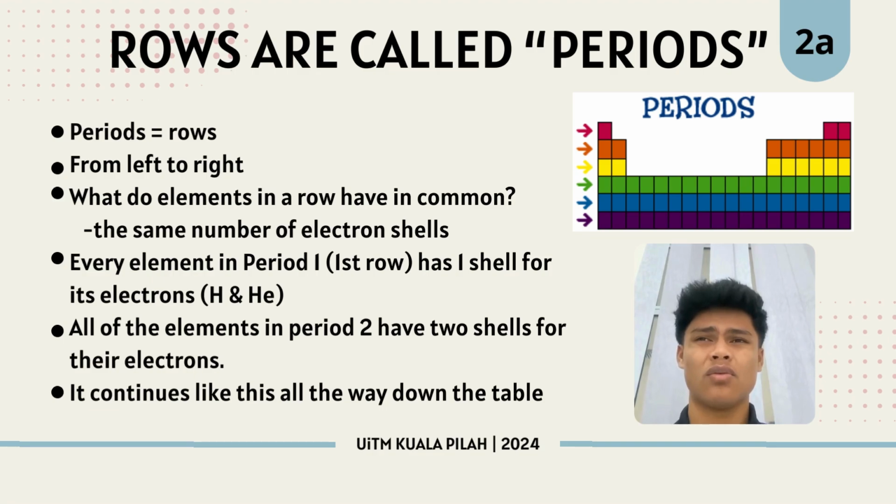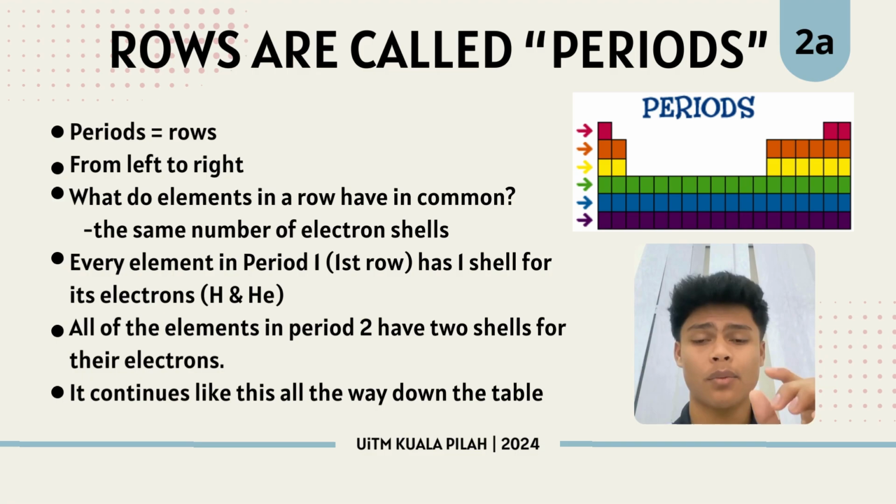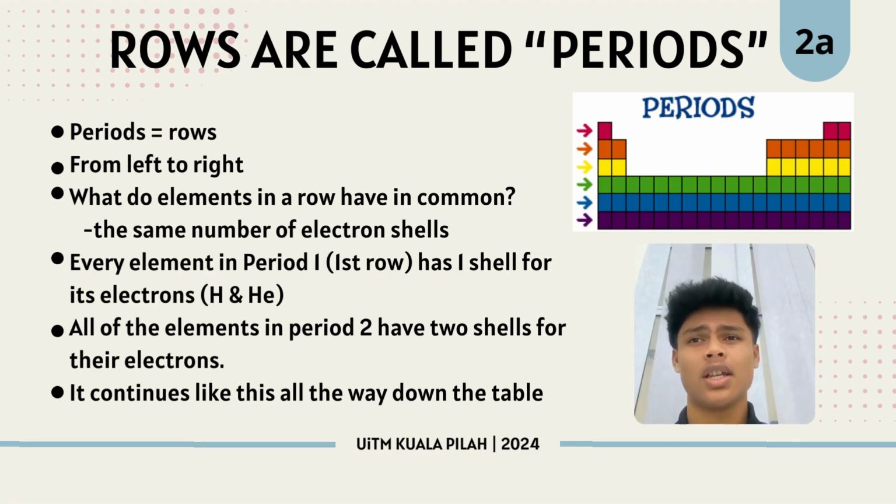Do you ever wonder what elements in a row have in common? They have the same number of electron shells. For example, period one, the first row, has 1 shell for its electrons: hydrogen and helium.